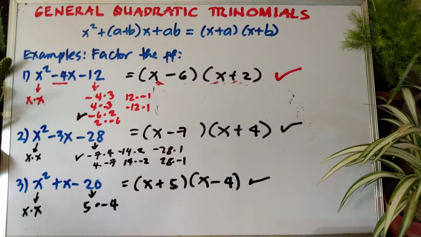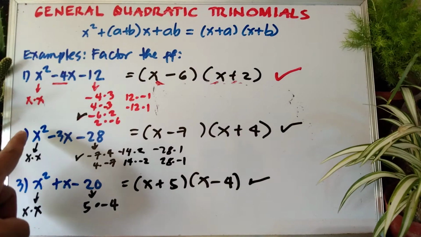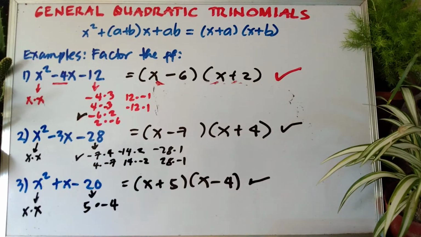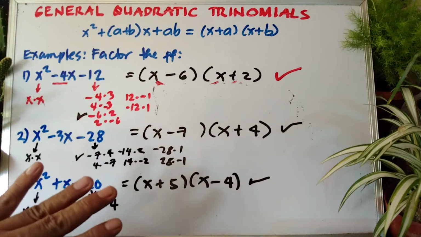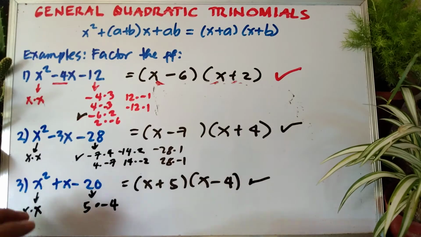Okay, now the next example would be a trinomial whose leading coefficient is not equal to 1. Meaning to say, may number na dito greater than 1. I hope na you understand examples 1 to 3 here.